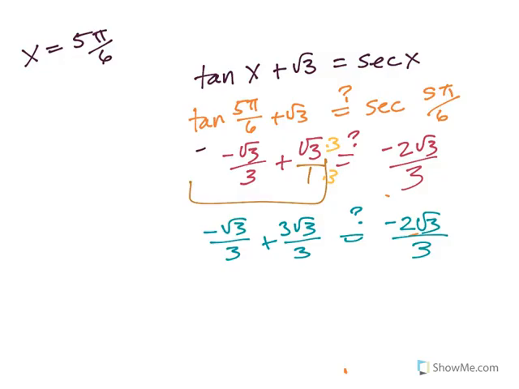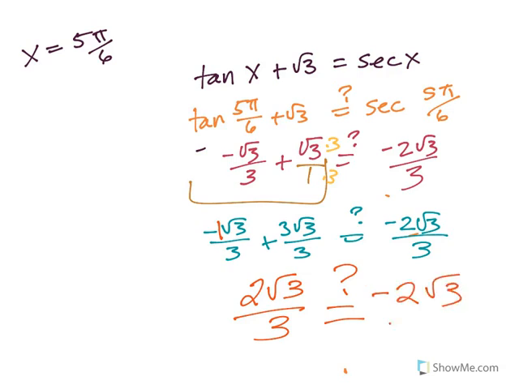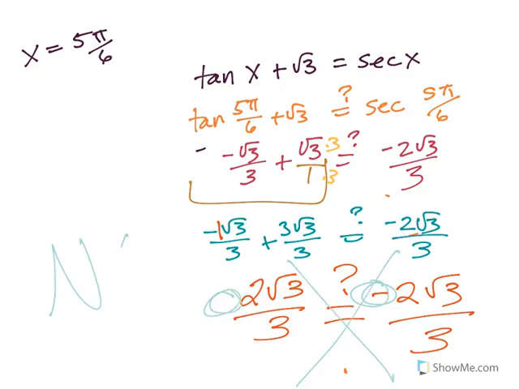Well, on the left, negative 1 plus 3 gives me a positive 2 radical 3 over 3. Does that equal negative 2 radical 3 over 3? Friends, at this point, you could say a negative does not equal a positive. The answer is no. So 5 pi over 6 is not a solution. It doesn't work.